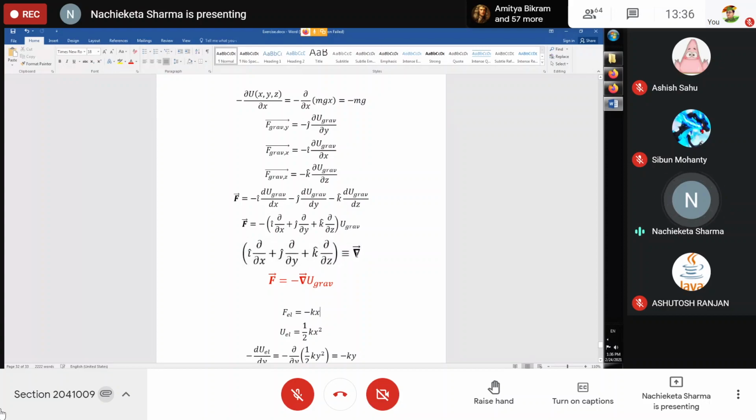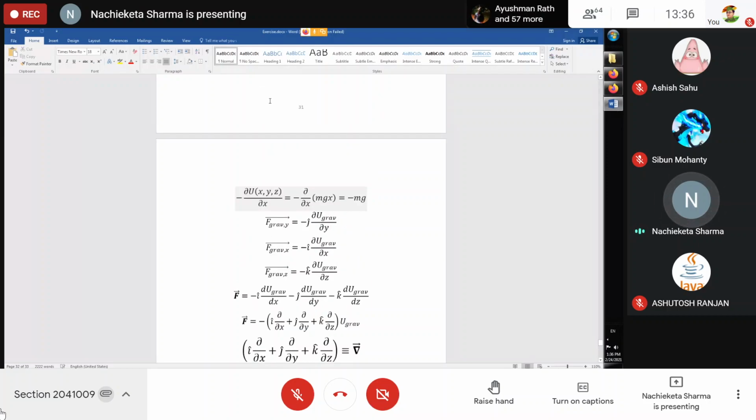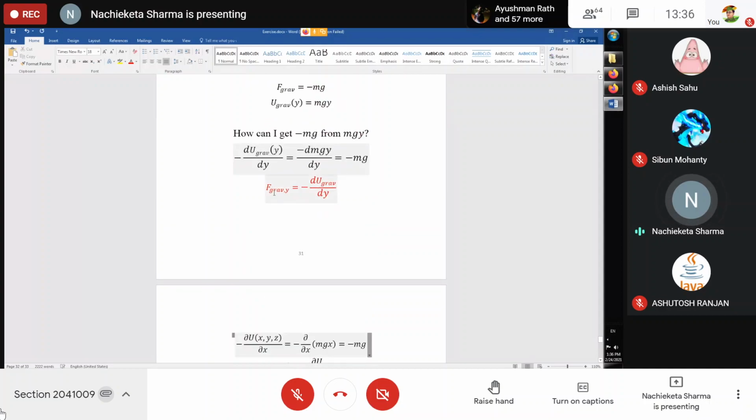You see, this operator is equivalent to i cap del by del x plus j cap del by del y plus k cap del by del z. Now, this operator has three derivatives in it, with respect to x, with respect to y, with respect to z. Because if your potential energy is a function of x, y, and z, then you will get three such equations.